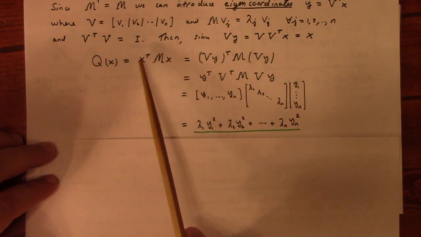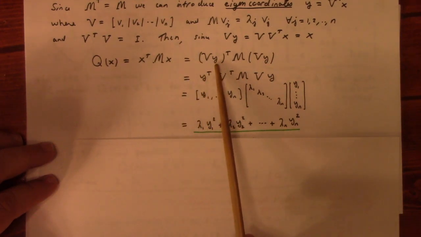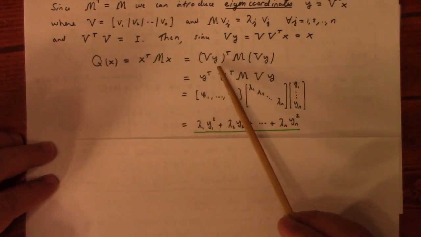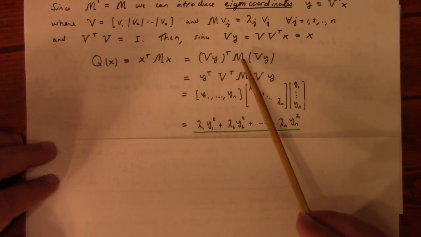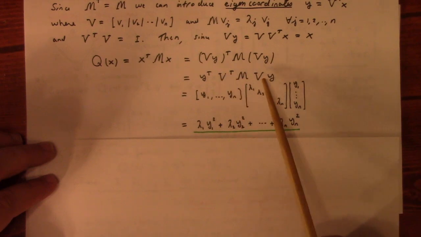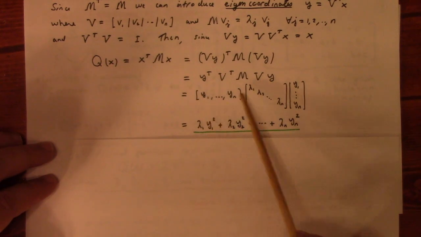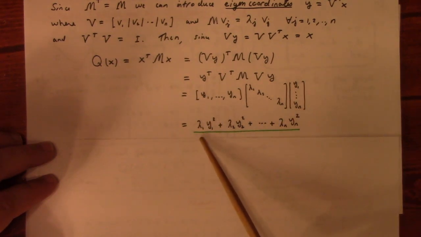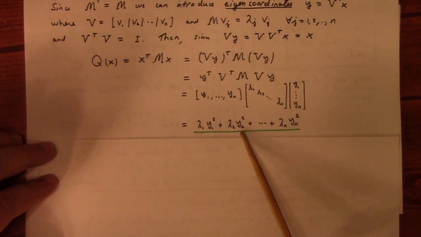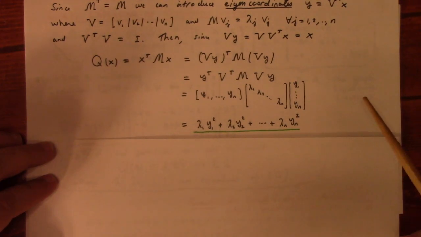So start with q of x, rewrite x as V y, where y is the eigencoordinate, and then this gives us y transpose V transpose M V y. But remember, V transpose M V is the diagonal matrix of eigenvalues. And so when you multiply that back out, you get lambda 1 y1 squared plus lambda 2 y2 squared plus dot dot dot plus lambda n yn squared.